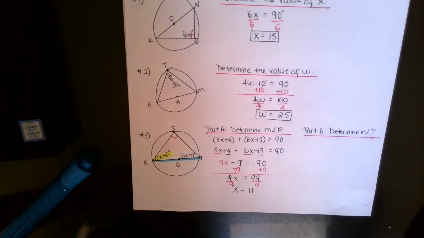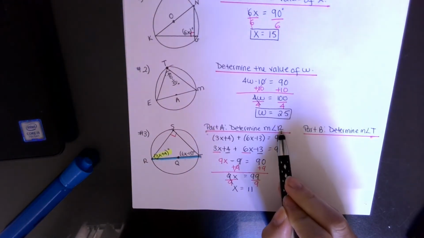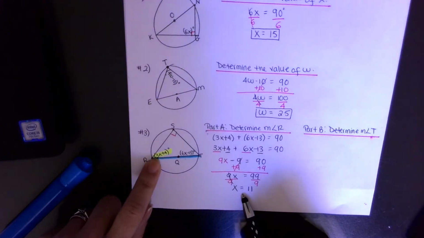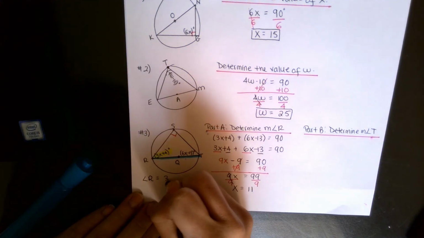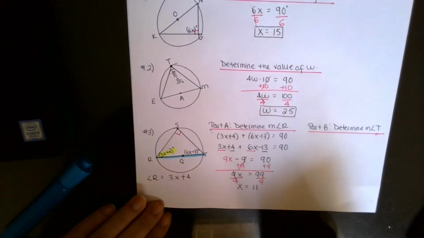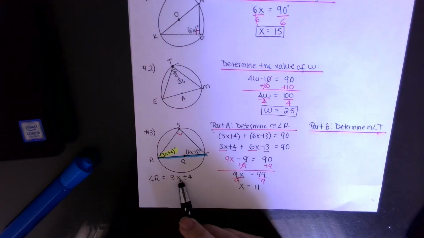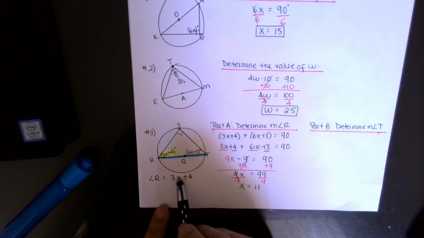You might think, oh, yay, I'm done. But always go back. You're looking for the measure of angle R, not what x is equal to. So all you got to do, this is angle R. So angle R is equal to 3x plus 4. Now, the only thing that couldn't help me is because I didn't know what x is. Now that I know what x is equal to, I could just substitute in that value.